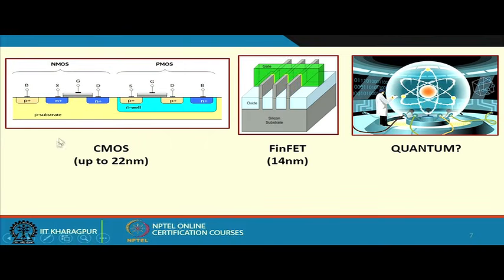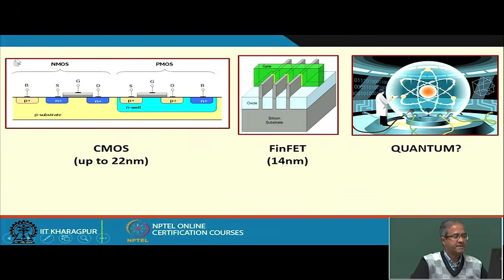Now, I had said that over the years the circuit complexity in terms of the feature sizes has reduced. I will show a slide quickly where you can see the pictures.